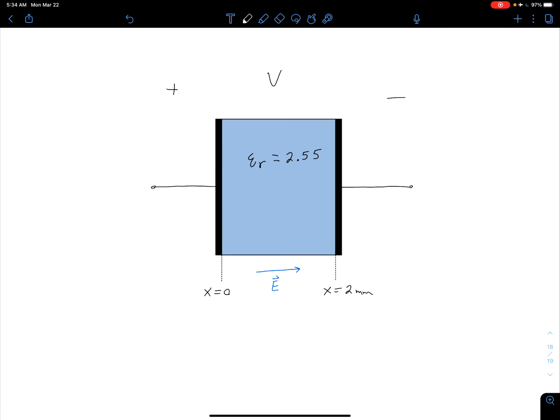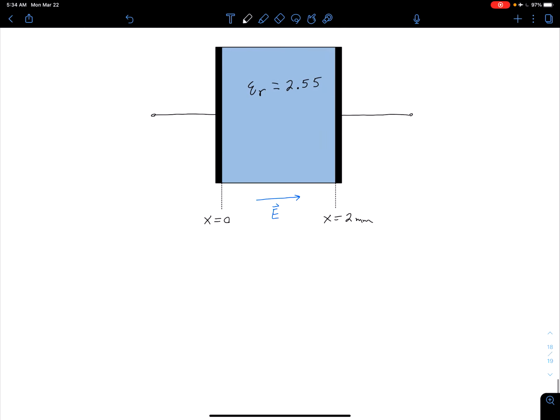Okay, so in this case, if we're finding E, it's relatively simple because we don't have any spatial or time dependence of our voltage. If we did, we could go back to the equations from the previous unit, but in this case, we can just say that the magnitude of that electric field is just going to be the voltage divided by the distance between the two plates.